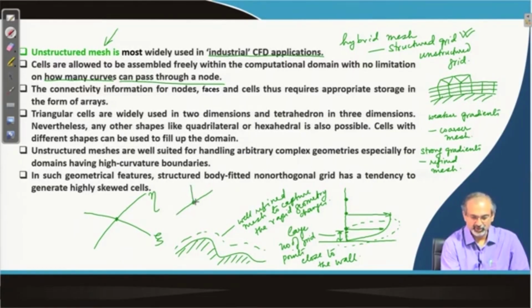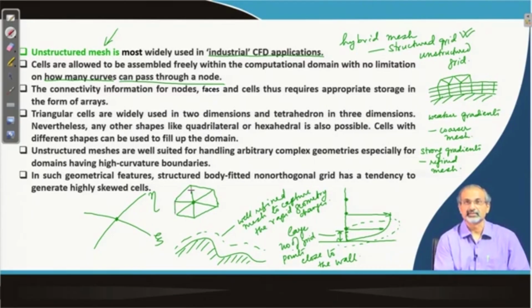So, if you have a grid point or a node in an unstructured mesh, many lines can converge there. That is basically because there are many elements surrounding that node. So, it must be in that portion of the grid where the grid is fairly well refined.